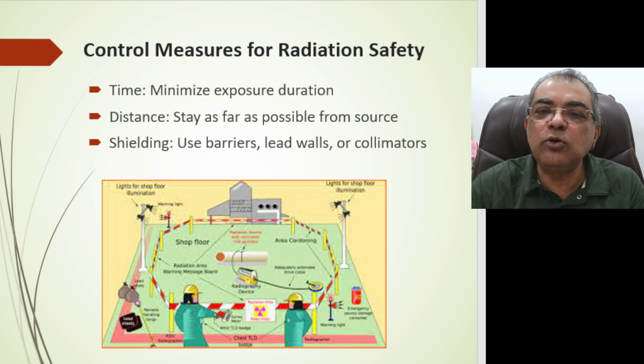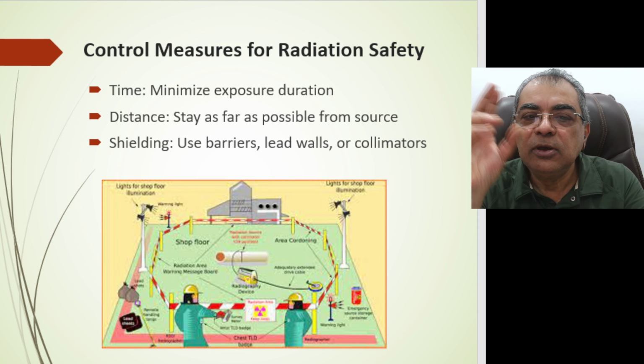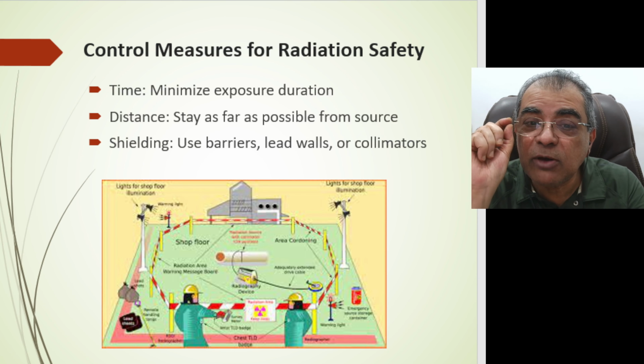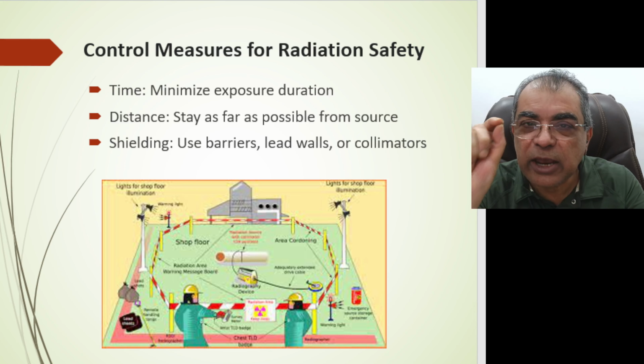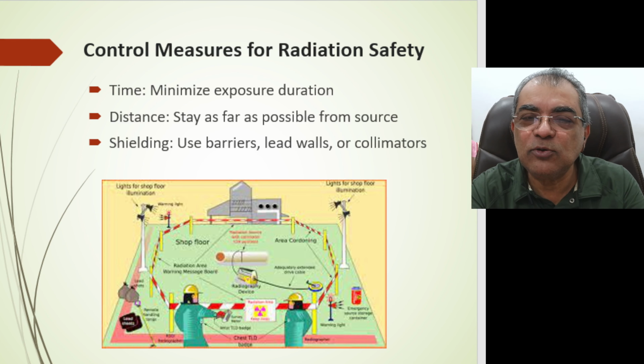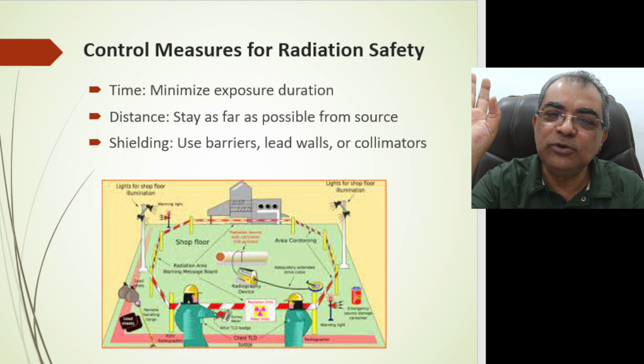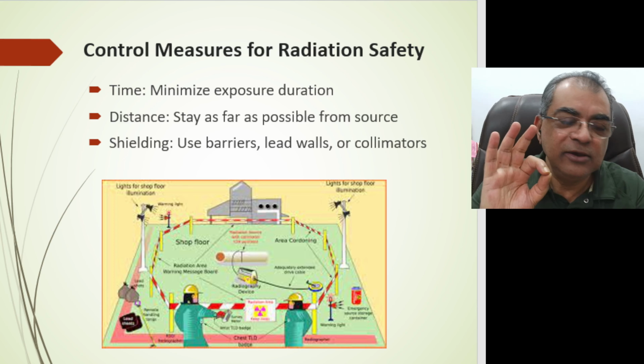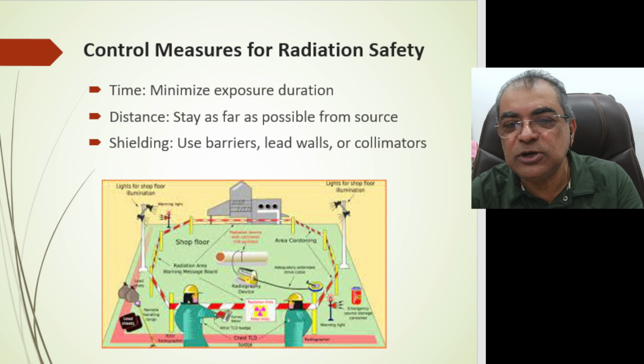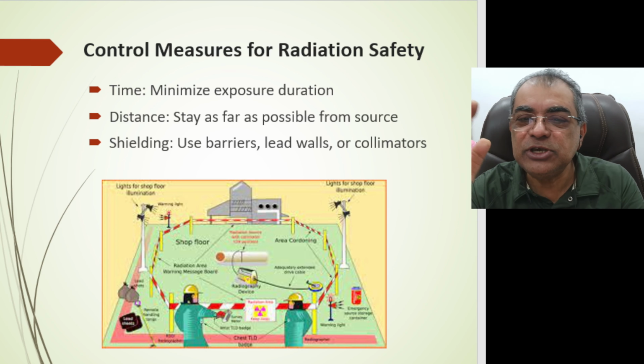So what are the control measures for radiation? You have to remember this very thoroughly. Write it down, because in interviews you will be asked what the control measures of radiation are. Time, distance, shielding: TDS. You have to remember TDS.